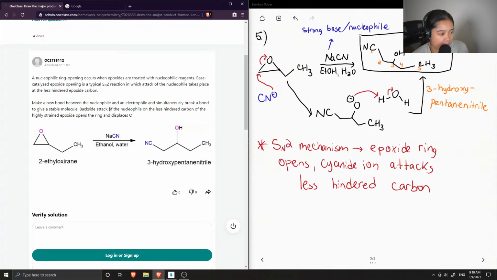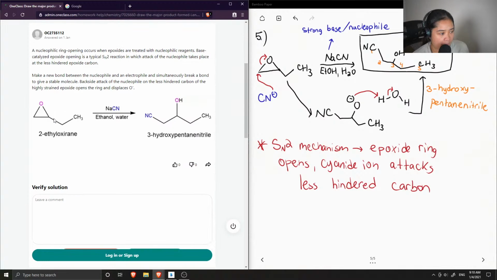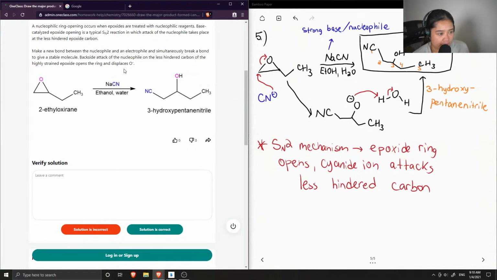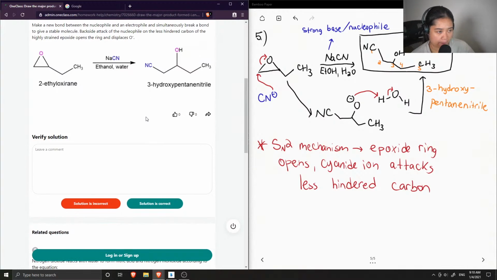Backside attack of the nucleophile on the less hindered carbon of the highly strained epoxide opens the ring and displaces O-. So yeah, and they have 3-hydroxy pentane nitrile. Okay, so this solution is correct.